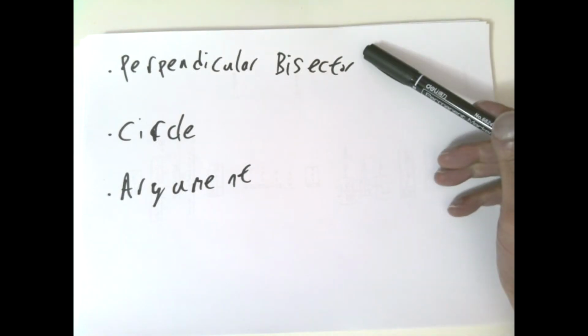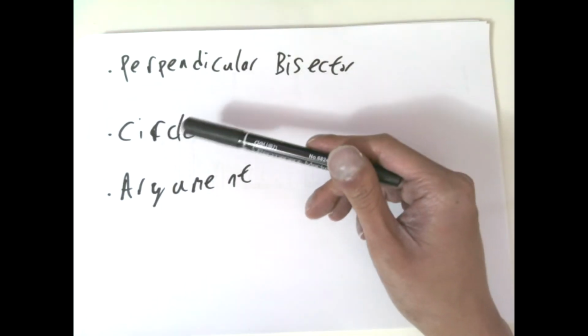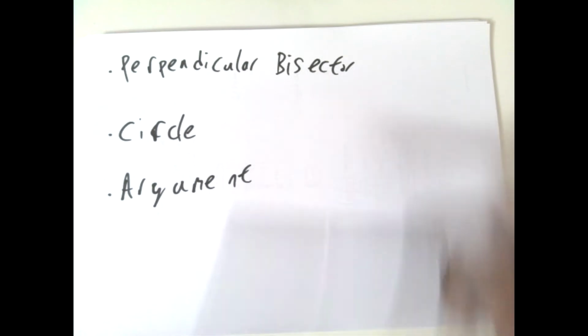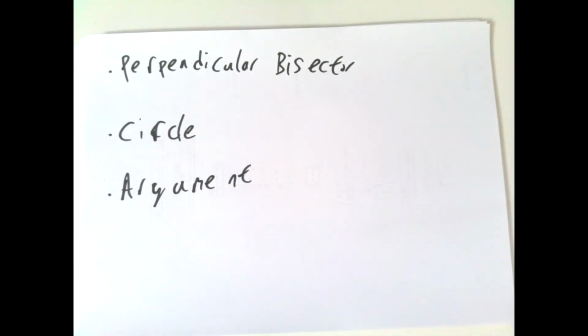One is the perpendicular bisector, the other one is a circle, and the other one is the argument. So we're going to take a look at these three rather fundamental ways of partitioning the complex plane in this discussion of locuses, the plural being loci.